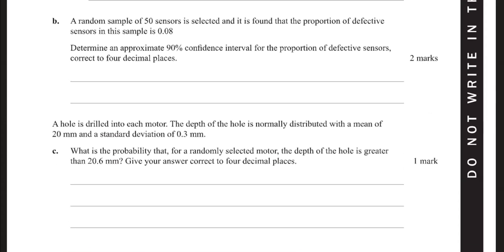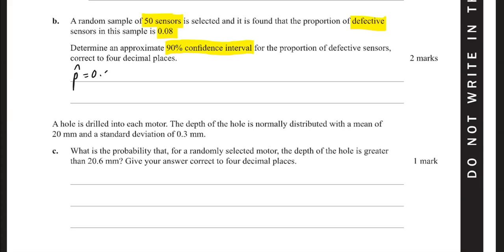Part B, we're given that a random sample of 50 sensors is selected, and 0.08 of these are defective, and we have to determine a 90% confidence interval again. I don't have enough space here to write down the formula, so I think it would just be best to use CAS, but I'll just write down the values we need to know.